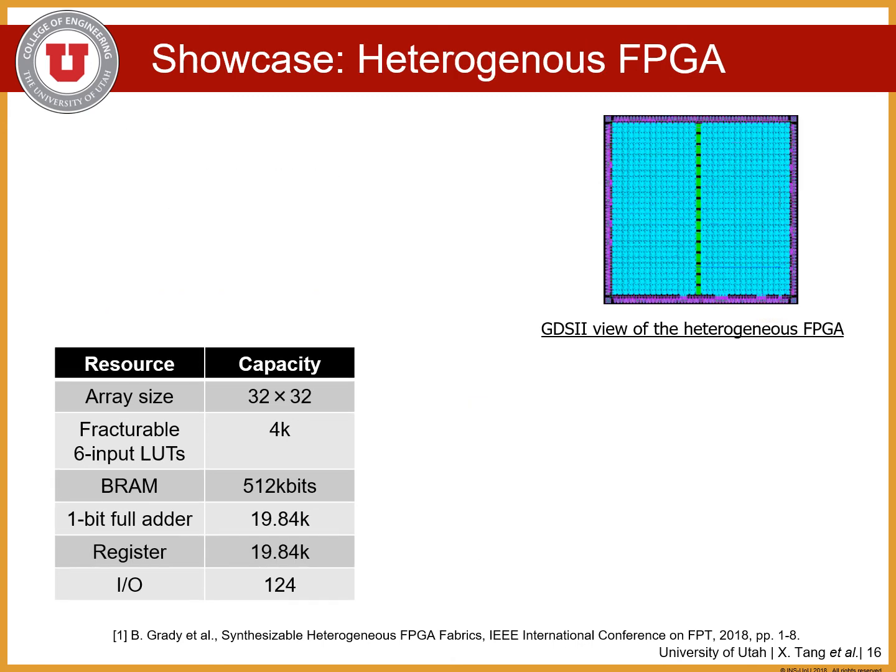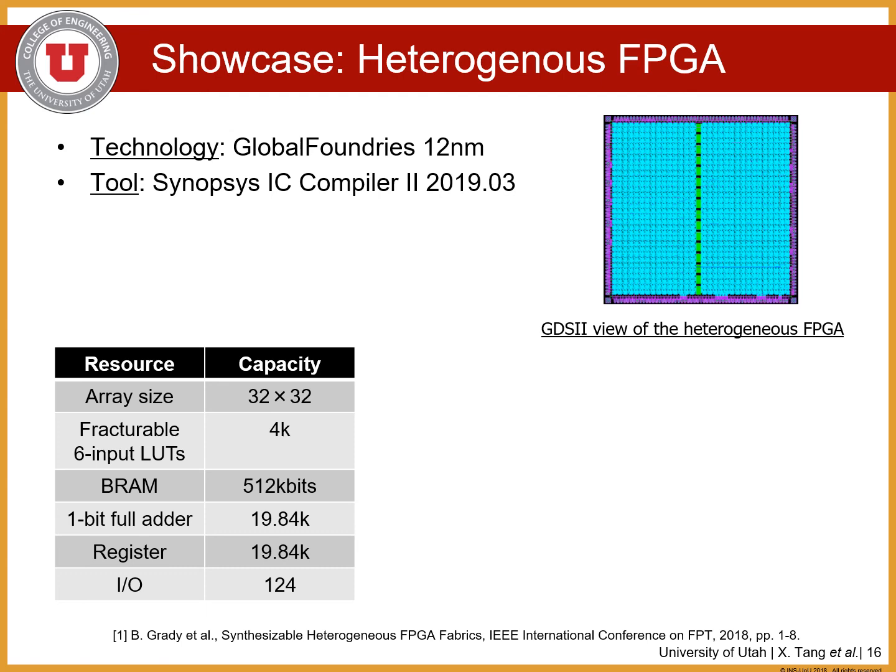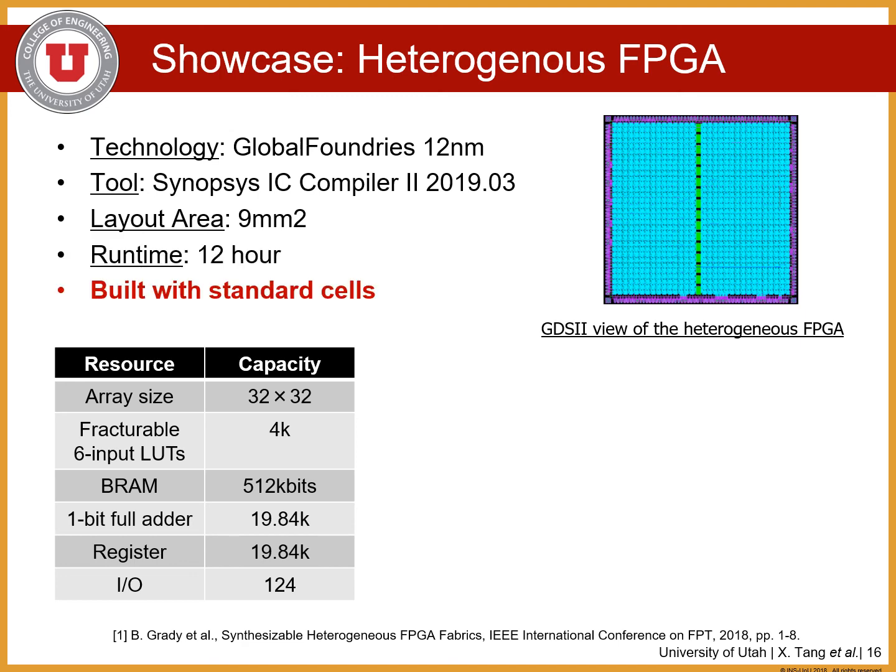The second showcase is a heterogeneous FPGA built with the GlobalFoundries 12nm PDK, as well as Synopsys IC Compiler 2. The total layout area is 9 mm square, and the runtime of the whole flow is 12 hours.